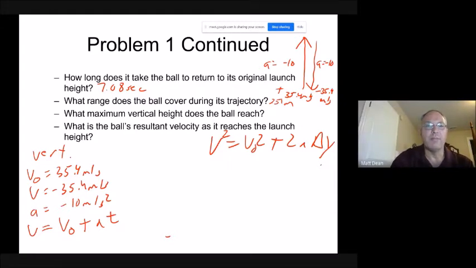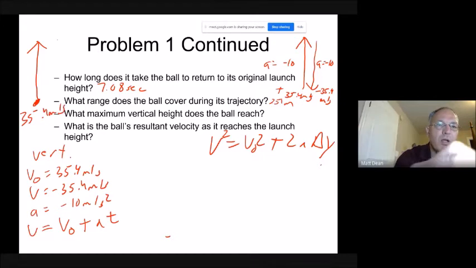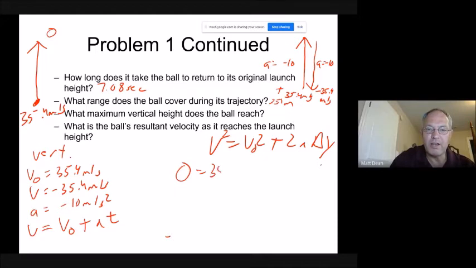What we want to think about is we're trying to find the maximum vertical height. So the ball starts here and it ends up here. Here the speed is 35.4. But at this maximum height, the ball is stopped. So we're going to use 0 as our final velocity. So we're going to say 0 squared equals 35.4 squared plus 2 times a times delta y.